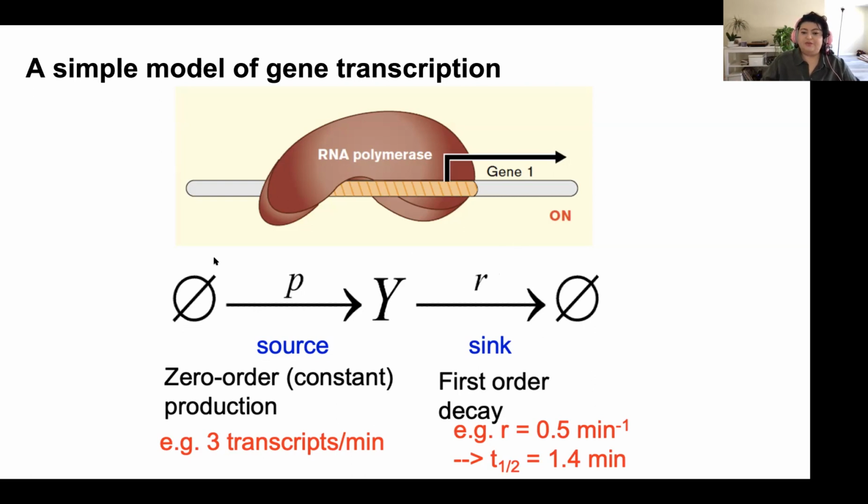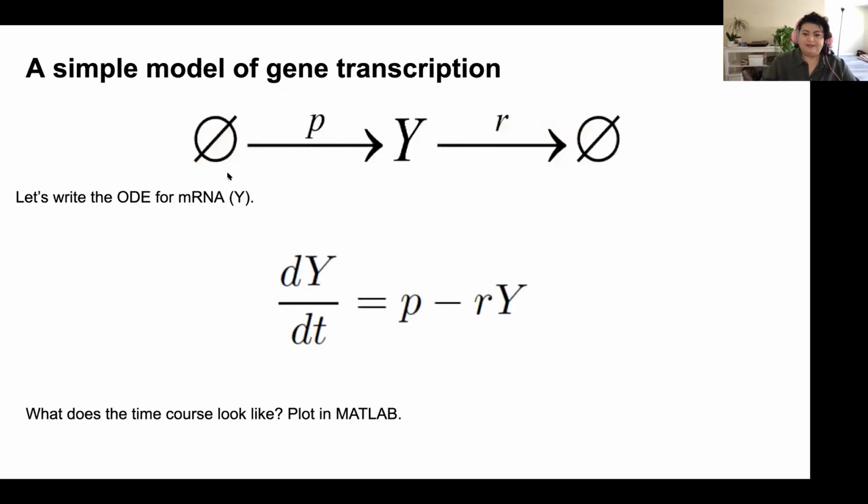Here we can write the differential equation associated with the production of Y, or how much Y we have over time. Let's start with the left-hand side here, which is a zero order production.